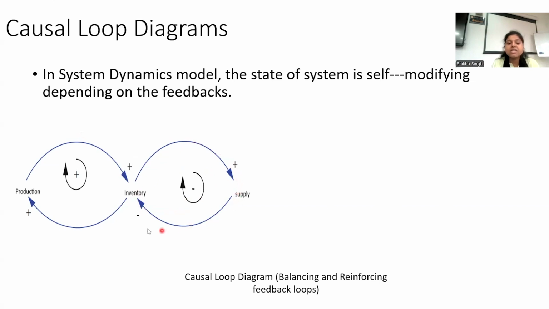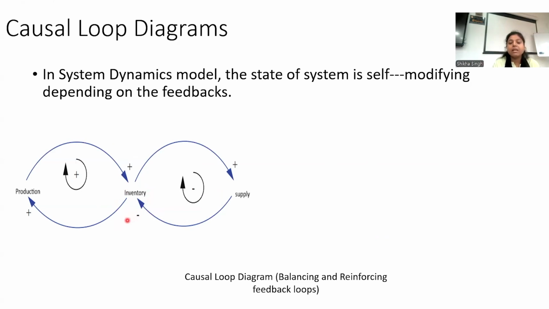If supply is increased, inventory will be reduced, right? So this is how you see the balance of these two feedback loops on inventory. From one side, inventory is receiving a positive input from the production side, but from the supply side, it is getting the negative feedback or negative impact. So this is how the behavior of the inventory variable can be studied.